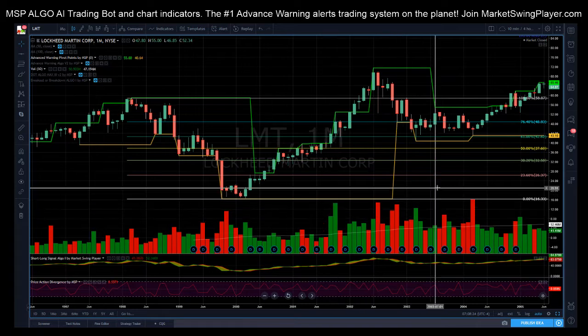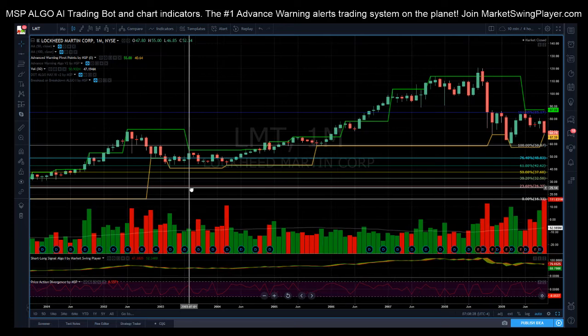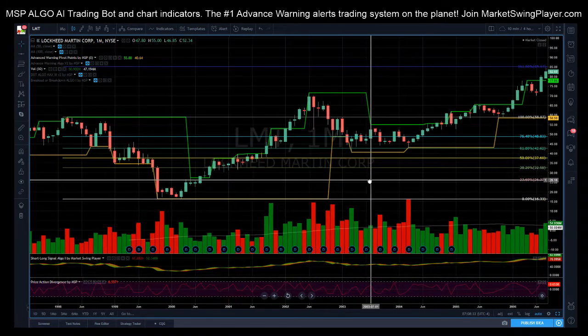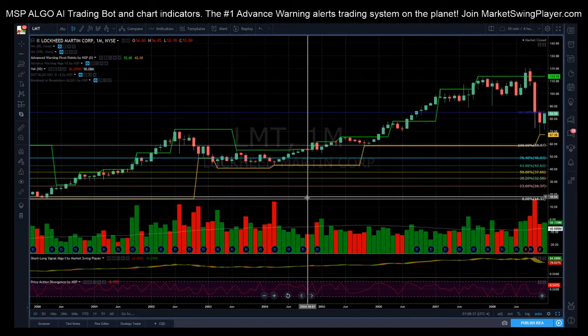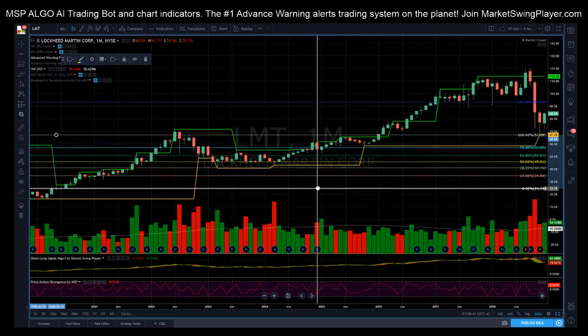So now in the future, it should be support and resistance, right? So that way you can kind of gauge where support or resistance is at. And if price moves up, you don't even need to really be short.